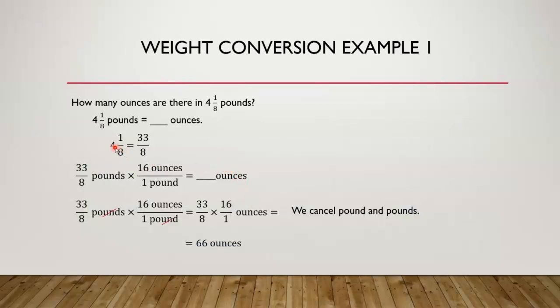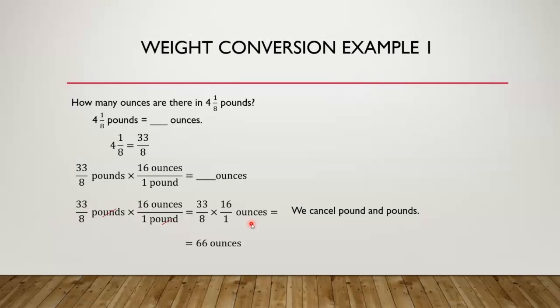So we have 33 over 8 pounds. And we're going to multiply by the first conversion factor, as you can see. Right? And now how does that help us? Because we don't want the unit pounds anymore, so that cancels. I know this is pounds and this is pound. They still cancel though. So what we get then is 33 over 8 times 16 ounces.